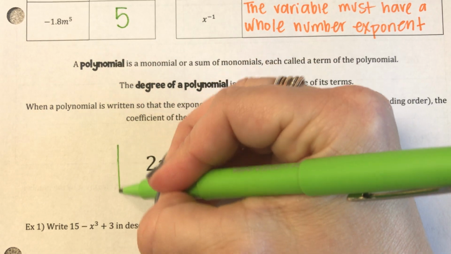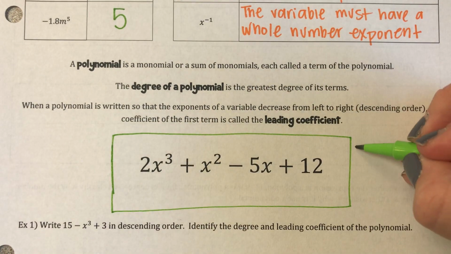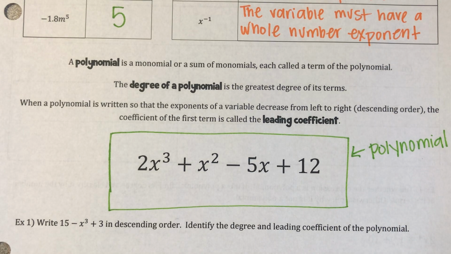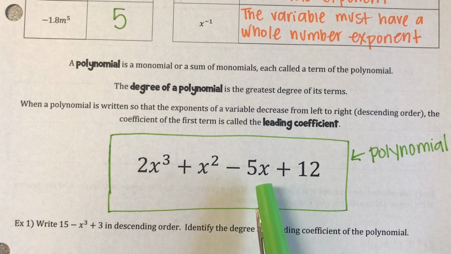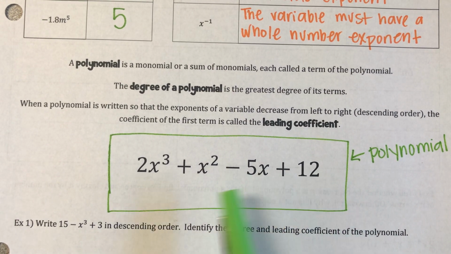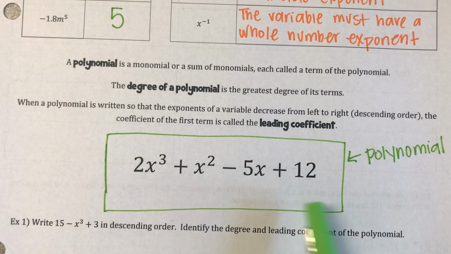So this entire big old thing, this is a polynomial. This is a monomial, this is a monomial, this is a monomial, this is a monomial. I'm adding them together, therefore this is a polynomial.